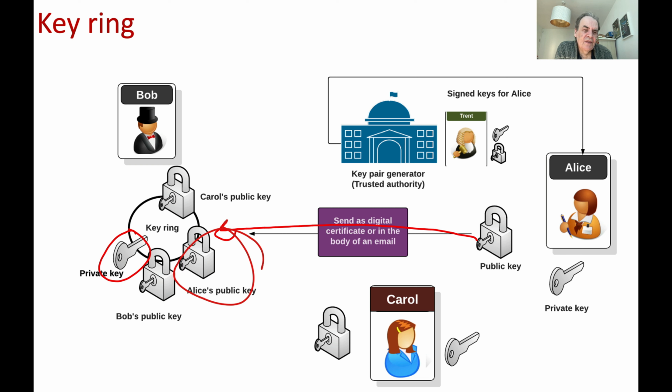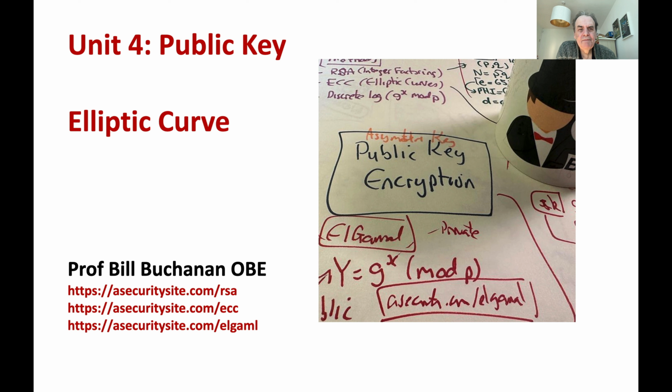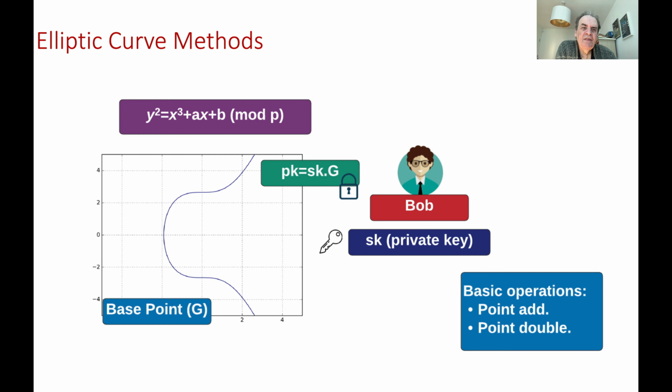So anything that was destined for Alice, then rather than having to request Alice's public key each time, he would store the trusted public key on his keyring. Then when he was sending email and he wanted to digitally sign, he would actually sign it with his private key from his keyring. So now let's look at elliptic curve cryptography, or ECC.